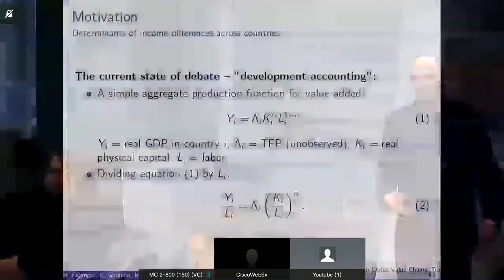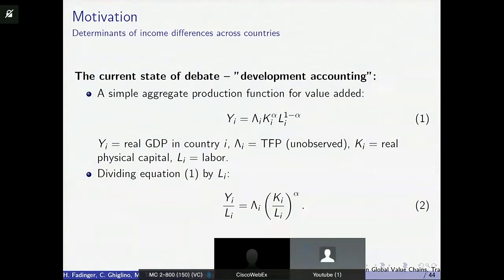So aggregate GDP is maybe a Cobb-Douglas production function, uses capital and labor as inputs, and lambda is aggregate productivity of the country. And if you have data on capital stocks per capita and income per capita in purchasing power parities, you can basically back out the productivity that makes this relationship fit perfectly.